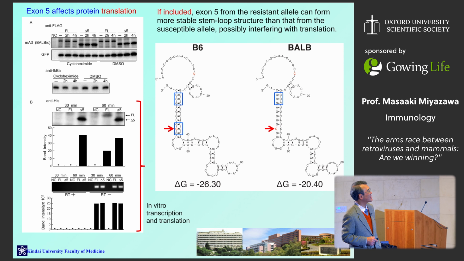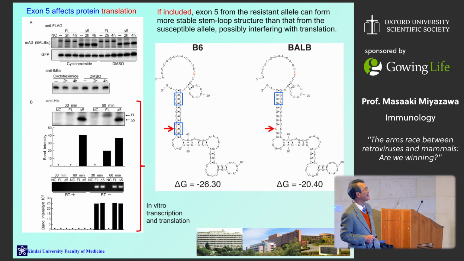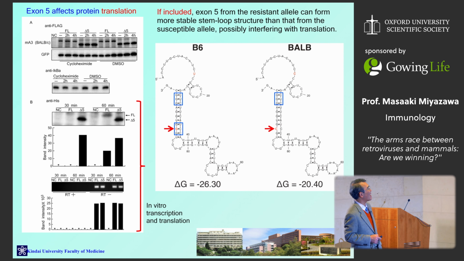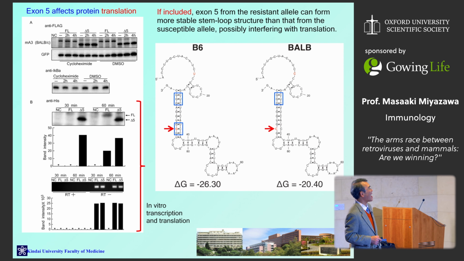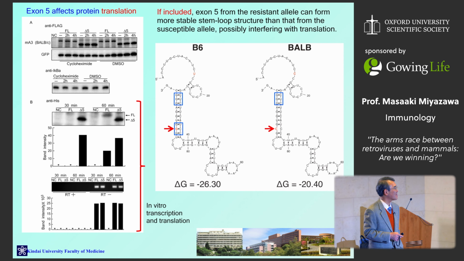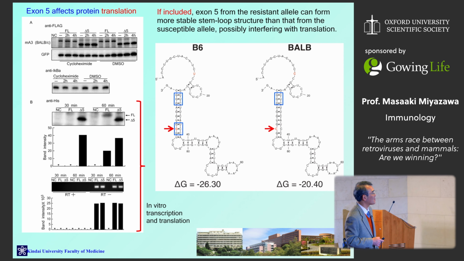So as you can see here, the exon 5 lacking resistance-associated protein is produced much earlier than the exon 5 containing product, and the level of expression of the resistant protein is much higher than that of the susceptibility-associated protein.